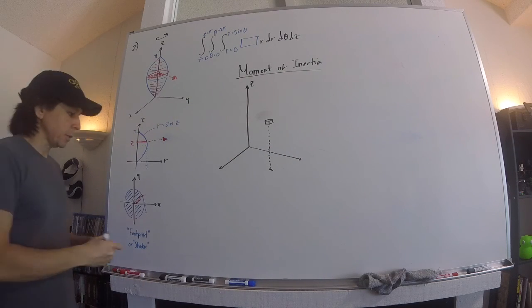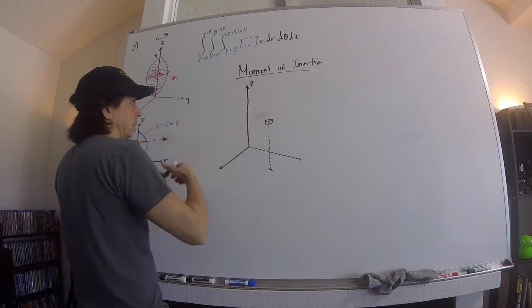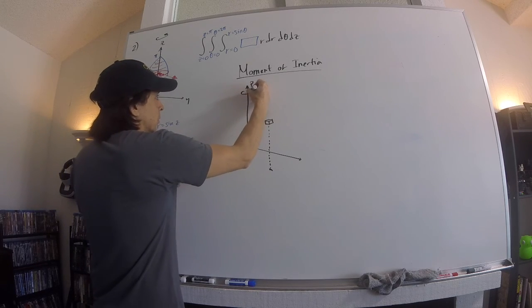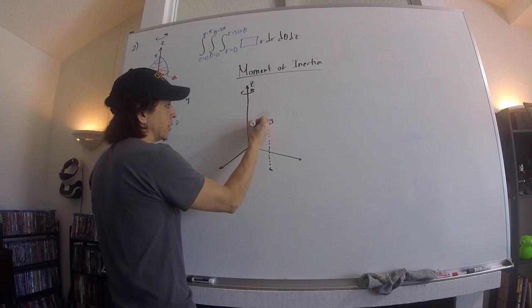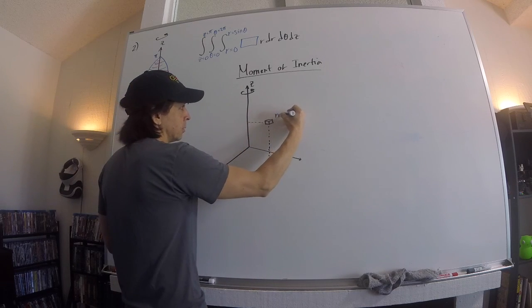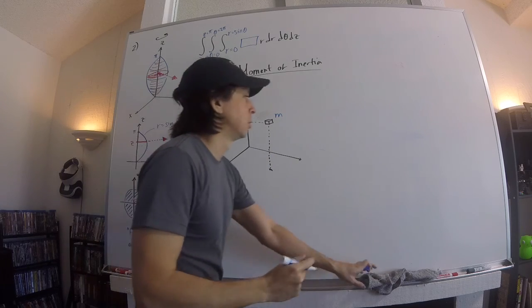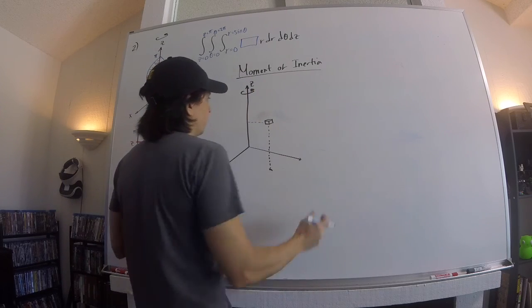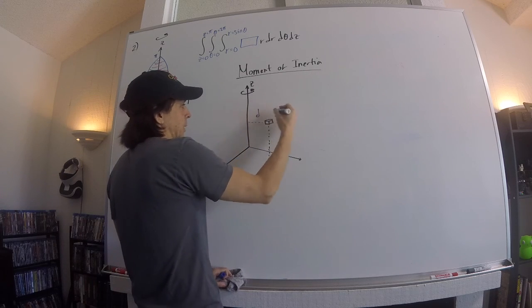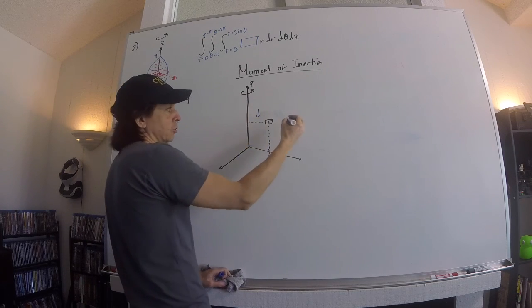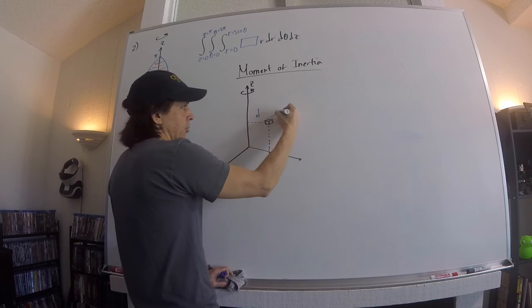Okay. And since it's spinning around the z-axis, the moment of inertia of that single point is given by the mass of it. In the formula I saw on Wikipedia, they're saying it's a distance from your axis, a perpendicular distance, and you have a mass there.